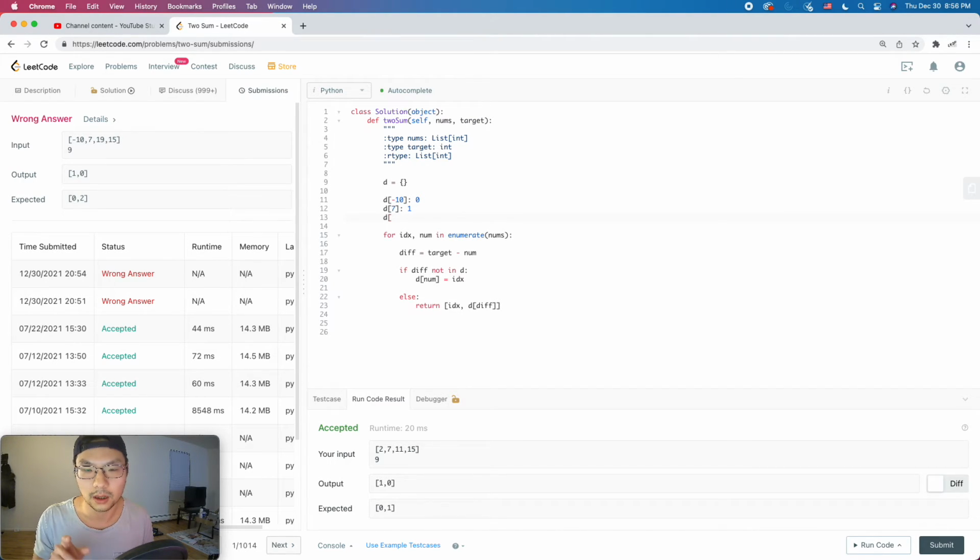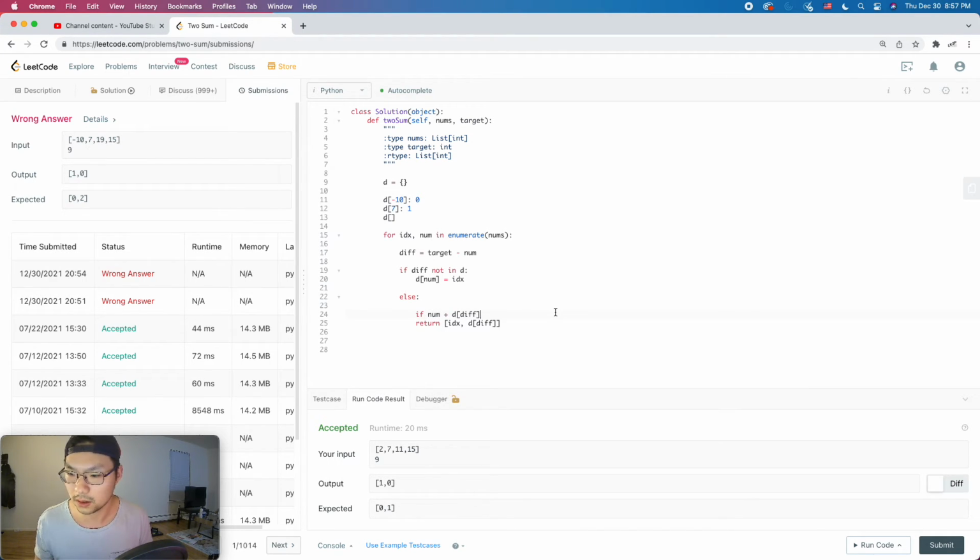Then we're going to say 9 minus 19 is negative 10. Else, negative 10, right? D negative 10 else. And then we have that num.